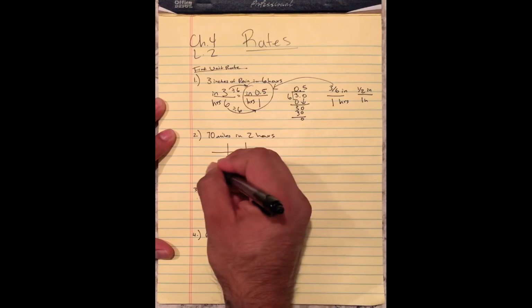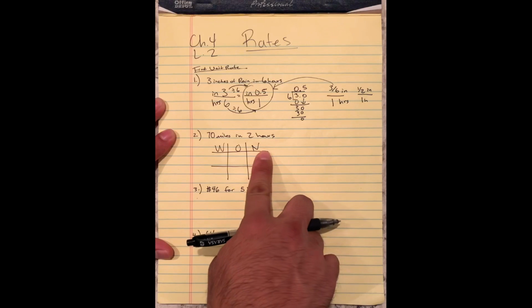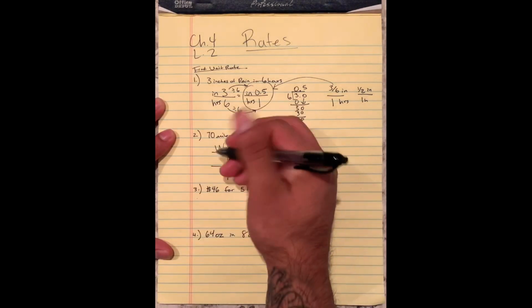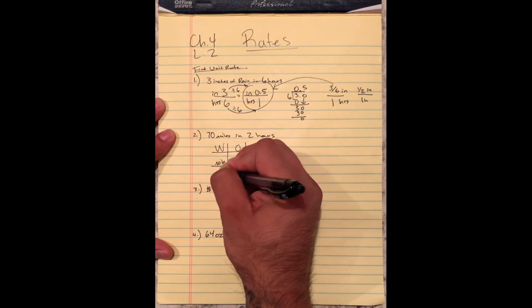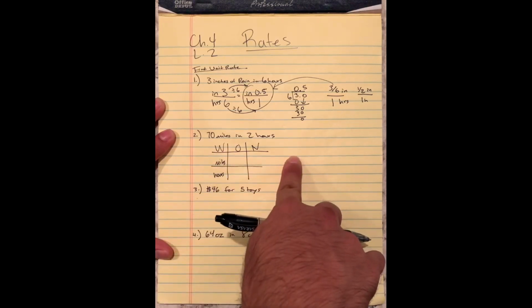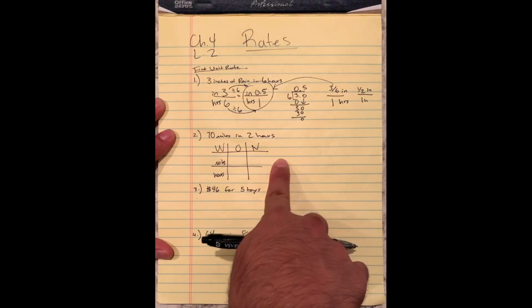Hashtag is essentially still a proportion. Hashtag 1. What does the W stand for? Words. What are the words we're using? Miles and hours. Okay, this column here, or row, I forget what it is. Well, this one here is for miles.